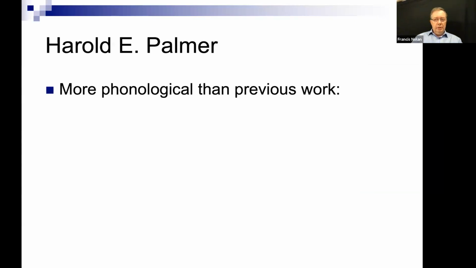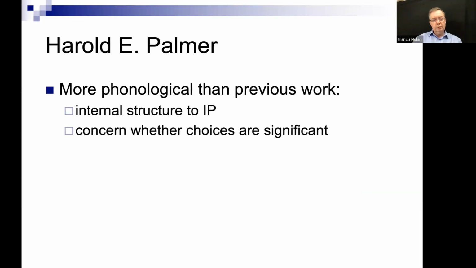So his analysis is more phonological than previous work. He's got an internal structure to the intonational phrase. He is quite concerned whether choices are significant, because phonological choices should be usable to signify something different, to make a contrast.